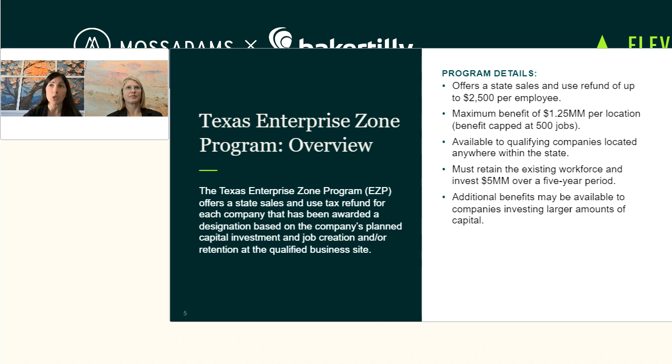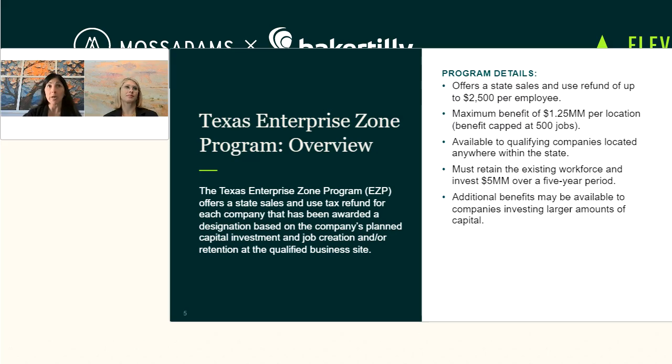If you have a larger facility that has, say, 1,200 jobs at its location, the governor's office does allow a company to submit a second application for a concurrent designation, as long as you have additional capital investment and, again, enough jobs to qualify for a second designation.